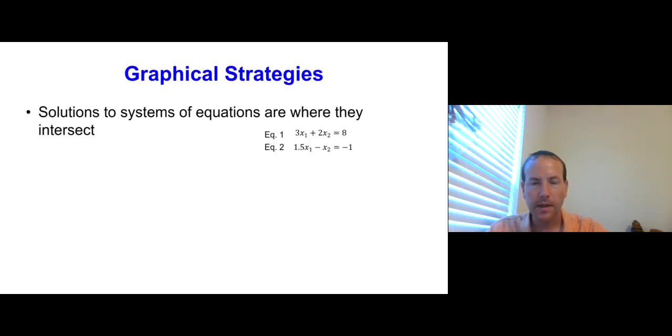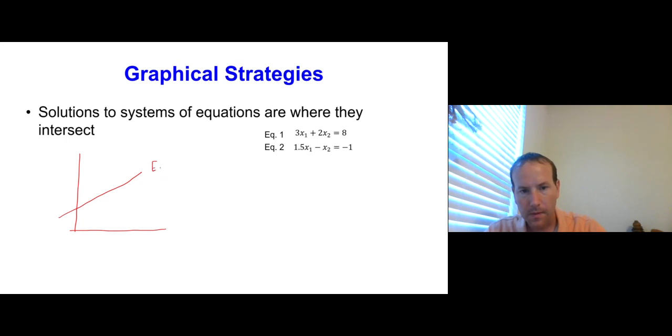So let's look at the different ways that you know of solving unknowns in algebraic systems. One of the approaches is to use a graphical approach. For example, if you have two equations, you could plot them out: equation 1, equation 2.